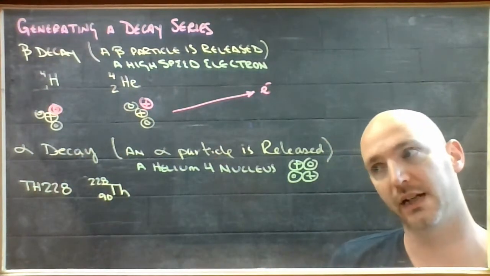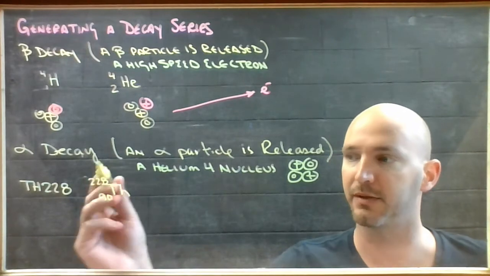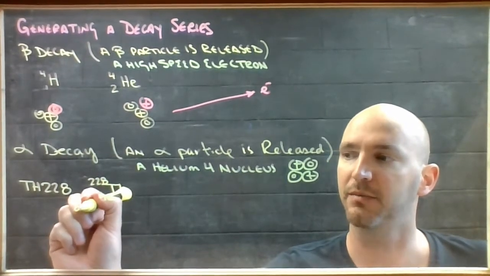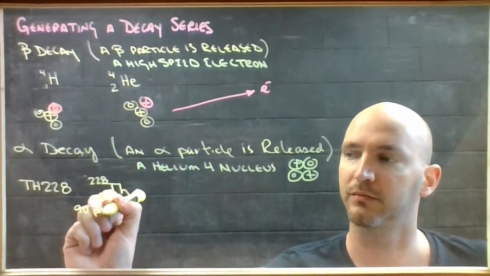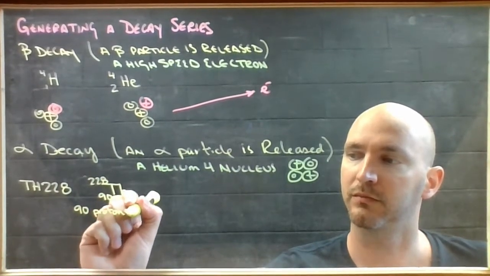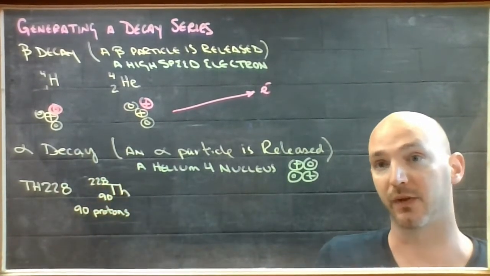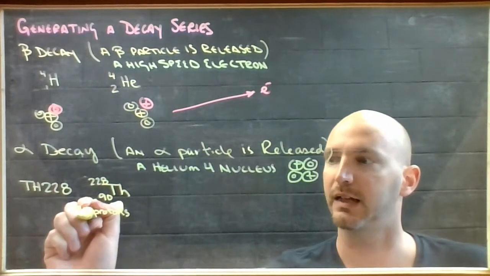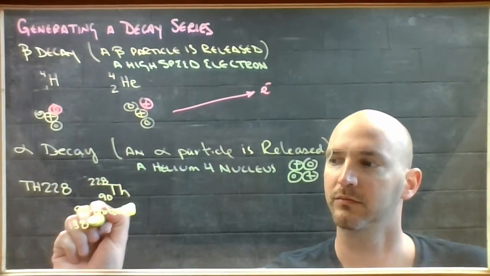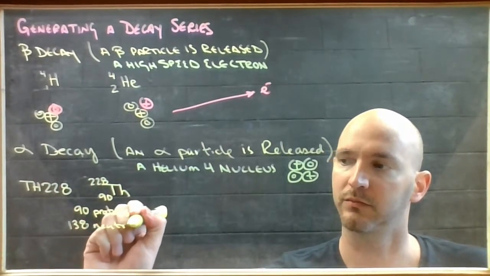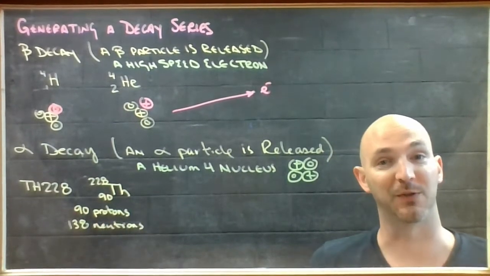Thorium is number 90 on the periodic table. That means it has 90 protons and the remainder of those particles is 138 neutrons. I am not going to draw those for you.